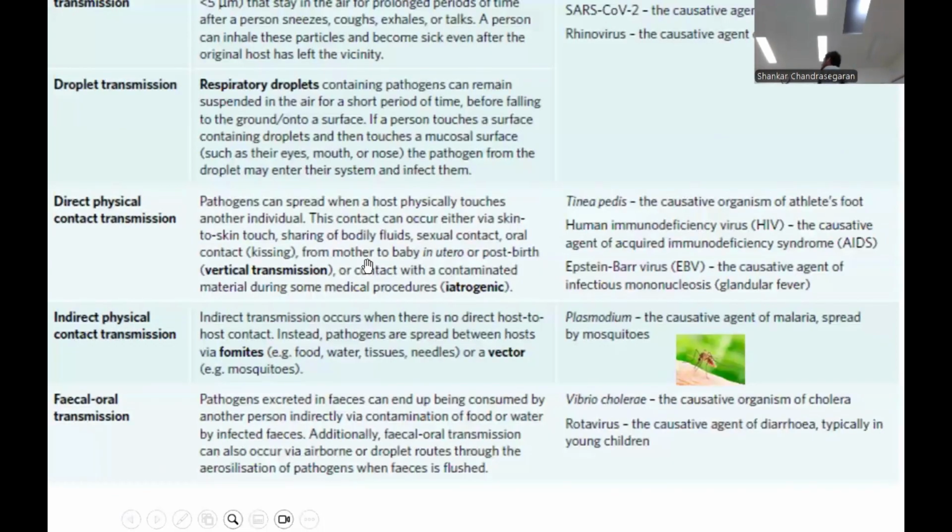Moving on, indirect physical contact, right? This is basically when we are getting exposed to a pathogen through the first person using or touching something, going away, and then us making contact with that. So for example, if someone was sitting on this chair, blowing their nose, they are already transmitting that pathogen onto the tissue, right?